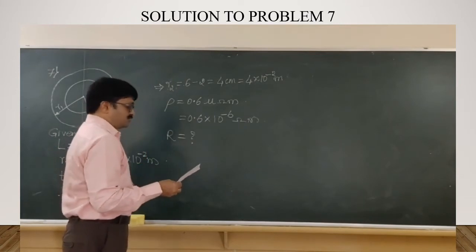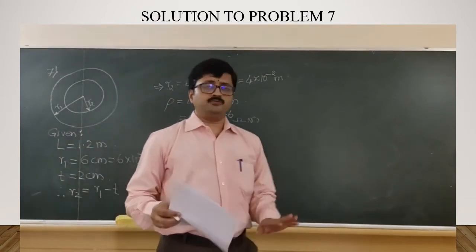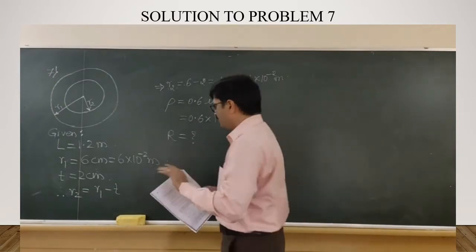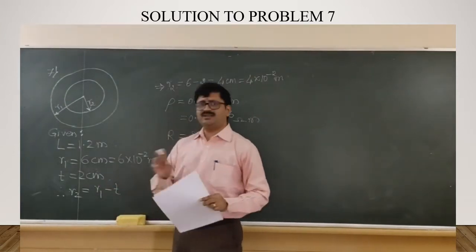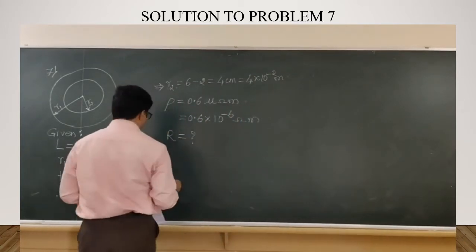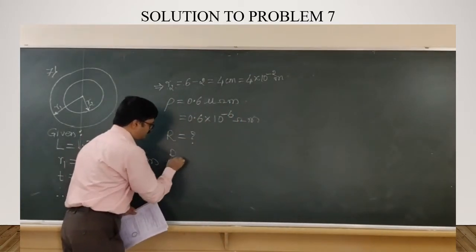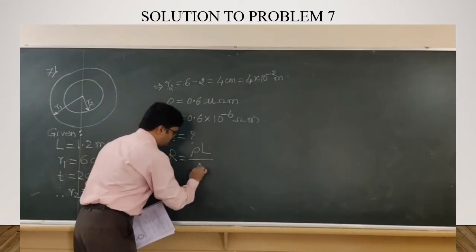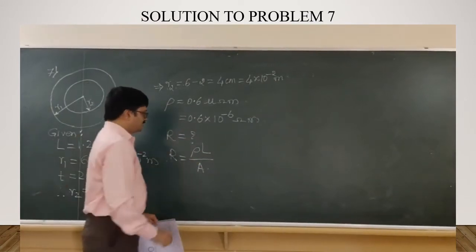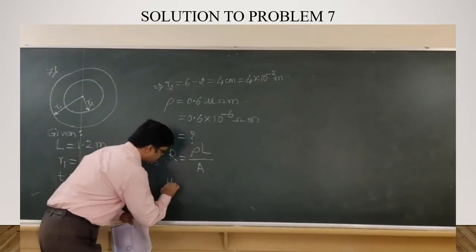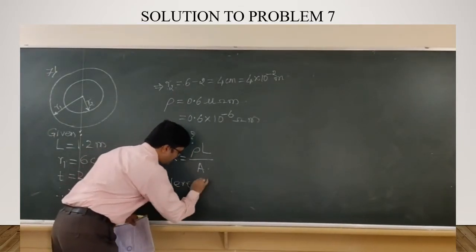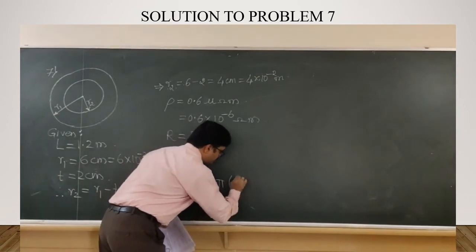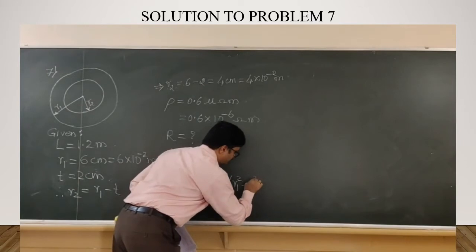Now for this problem we will again make use of the rho L by A formula only. But one difference that we will have is in calculating the area. So in order to do that, firstly let me write the formula. R is equal to rho into L divided by A, the area, and here A is equal to pi into R1 square minus R2 square.